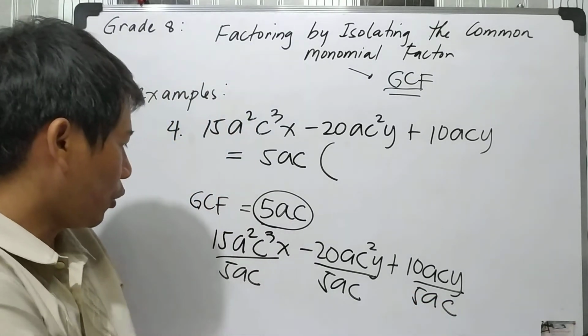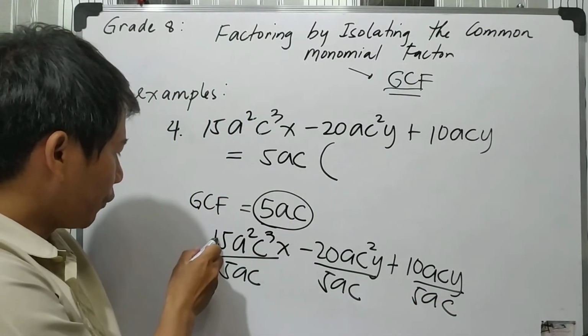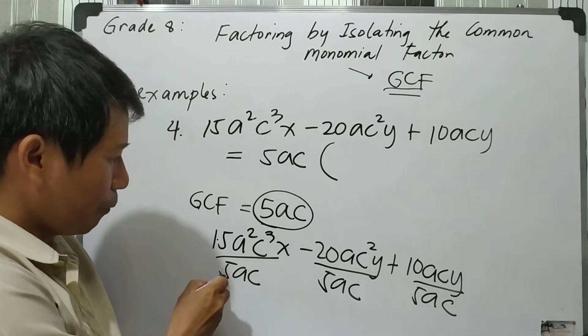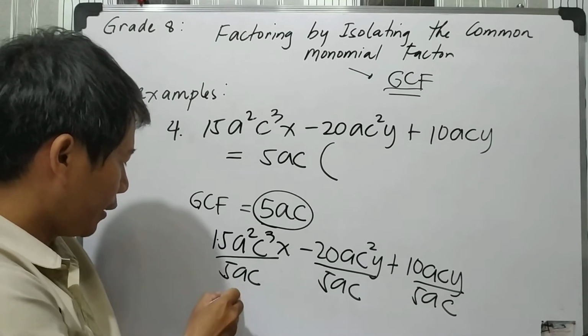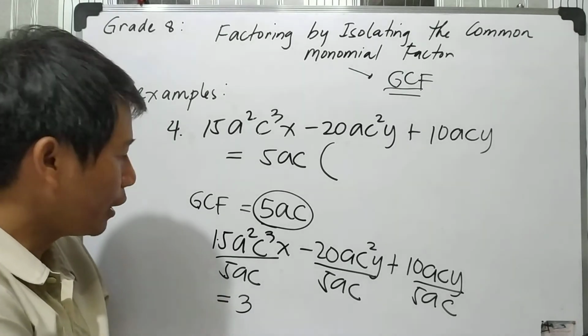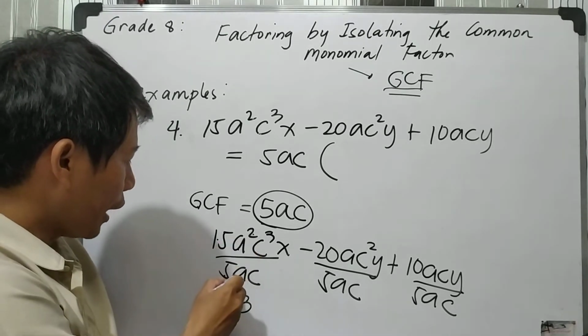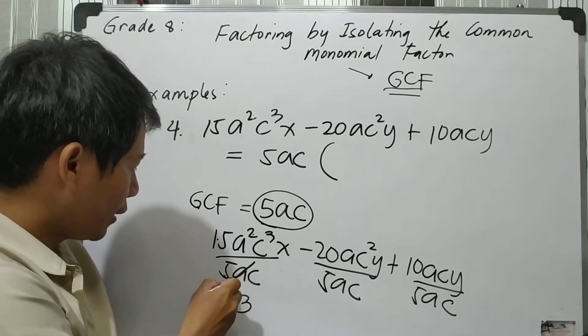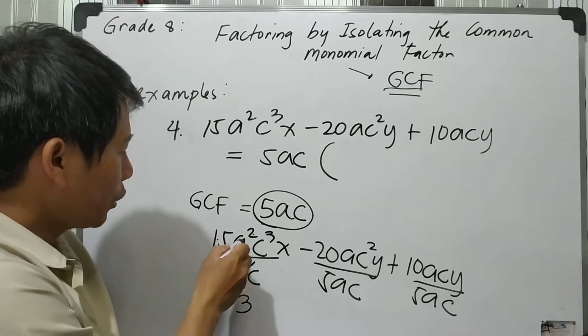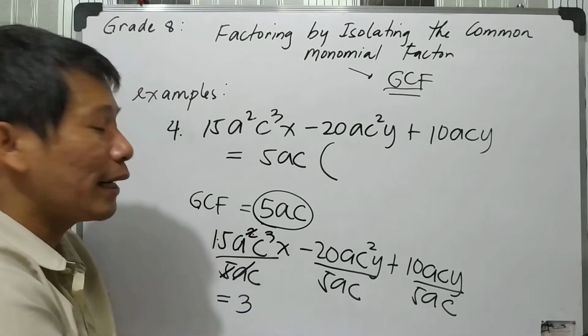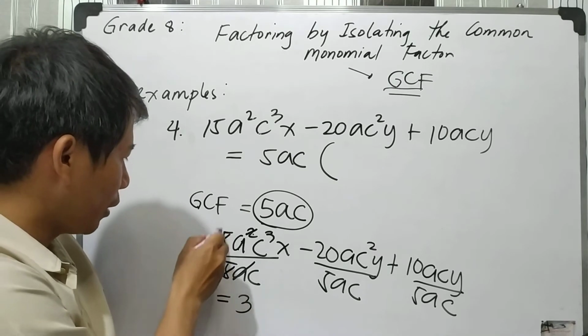Okay? So, let's take the first term. 15 divided by 5, the answer is 3. Right? Okay? So, a squared, a. So, cancel this a. Wala na rin si 5. So, a squared magiging a na lang. So, itong 15 magiging 3 na yan.